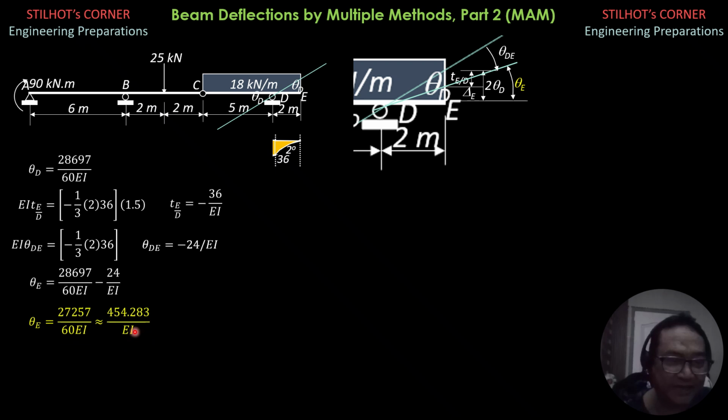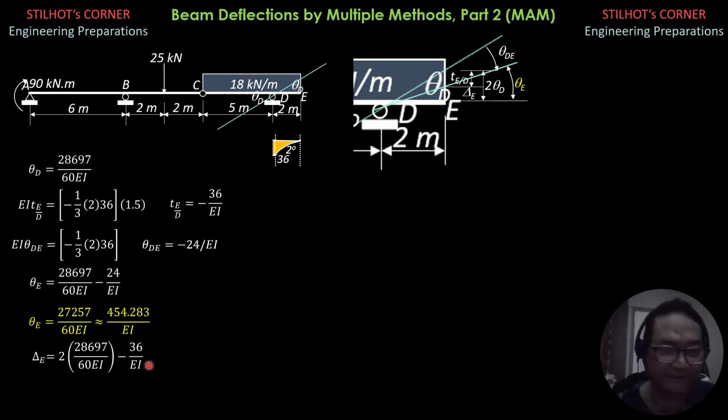So theta E is 27257 over 60 EI, or 454.283 over EI, which is the same as before. Finally, delta E is positive, the absolute value of 2 theta D minus the absolute value of the deviation of E relative to D, which is that. So it is equal to 27617 over 30 EI, or 920.567 over EI. So that's it for this second part.